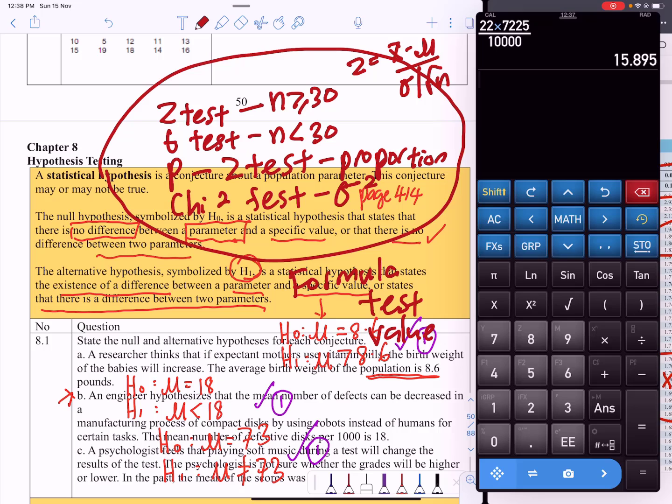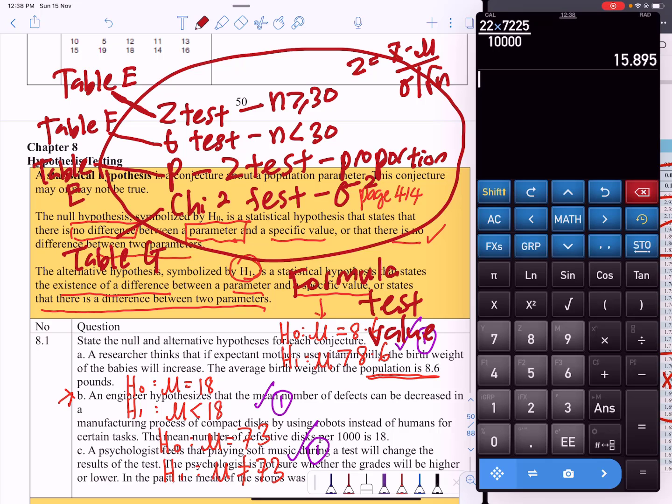Chi-square pun ada formula dia. Kemudian macam mana nak cari critical region, critical value. Untuk Z test ni kita guna table E. Kalau T test ni kita guna table F. Kalau P ni kita guna table E. Kalau chi-square ni kita guna table G.